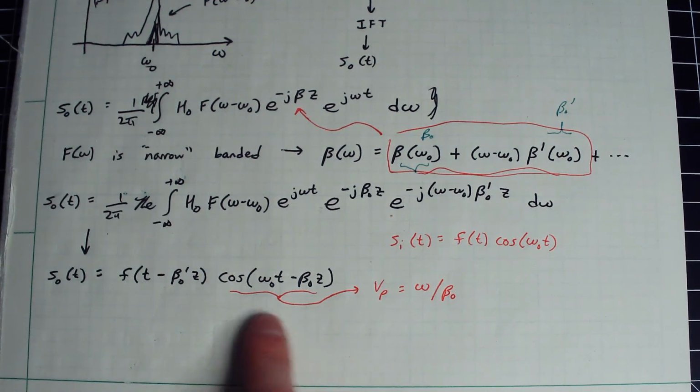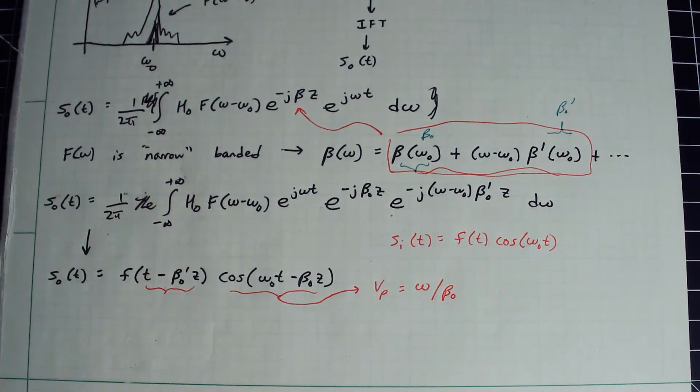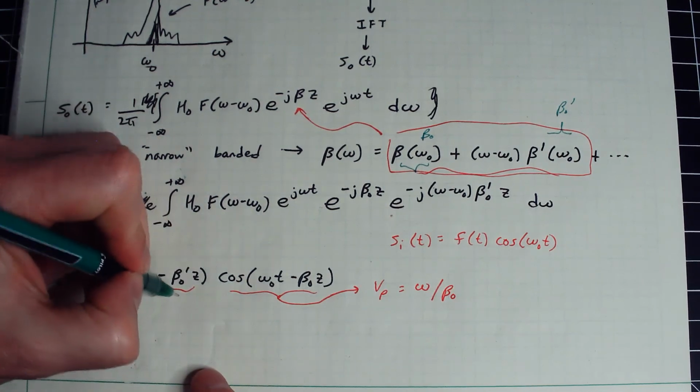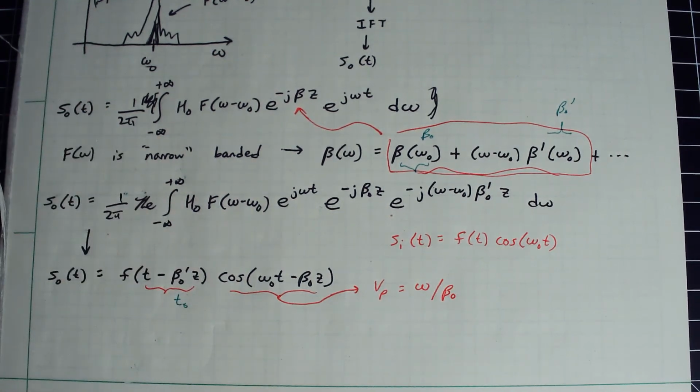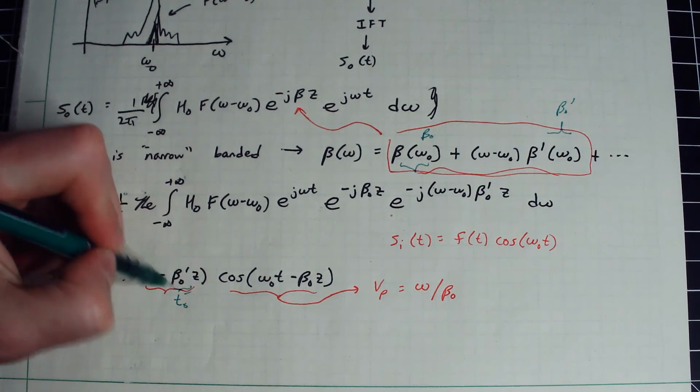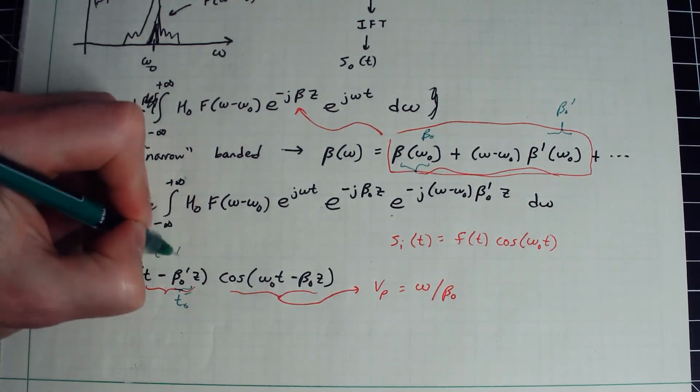So that thing didn't really change. It still has its little phase velocity, but this thing over here seems a little bit different, doesn't it? So I'm going to define this little term here as t sub 0. You notice I have this t minus t naught.